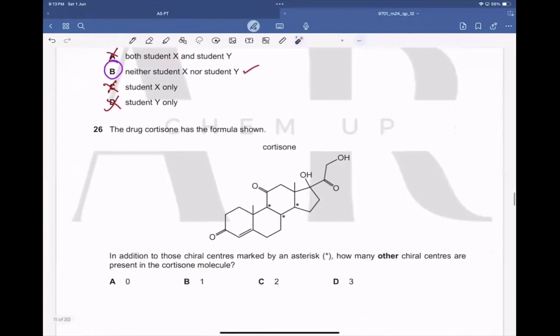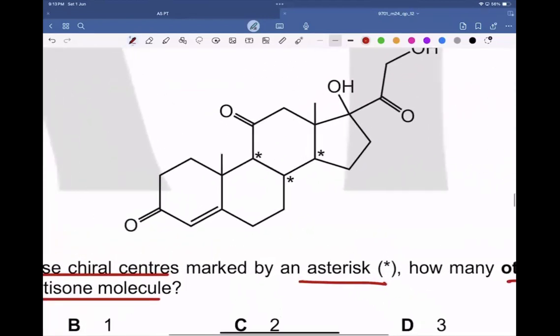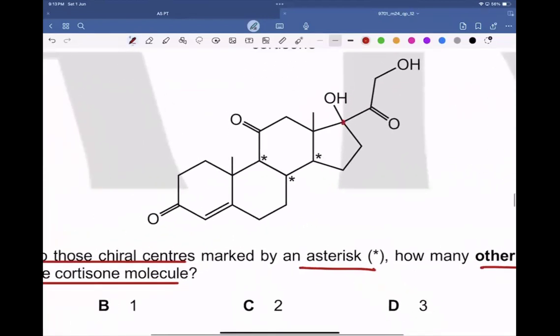Okay. Now, question number 26. The drug cortisone has the formula shown. In addition to those chiral centers marked by an asterisk, how many other chiral centers are present in the cortisone molecule? So first find the ones which are not chiral.